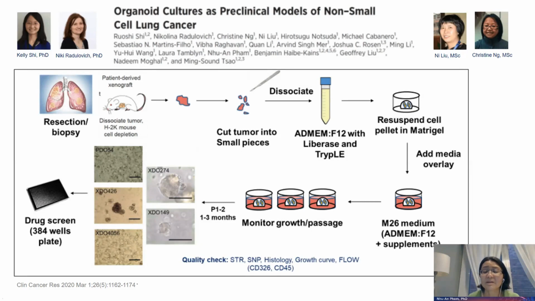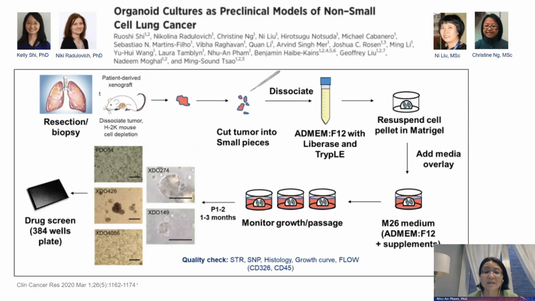Nikki is the Living Biobank organoid manager, and she and her team worked out the method, refining the culture media from normal lung cells to grow the patient-derived tumor organoids.